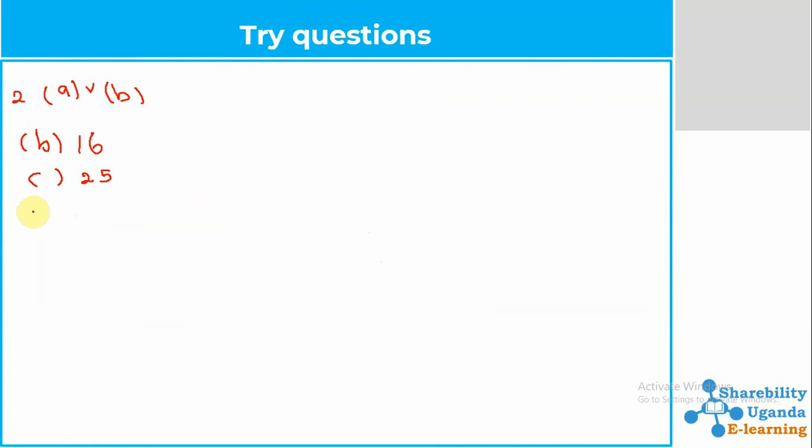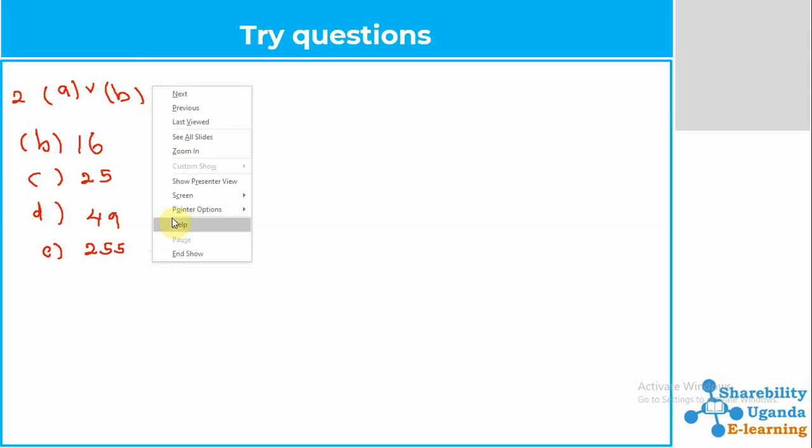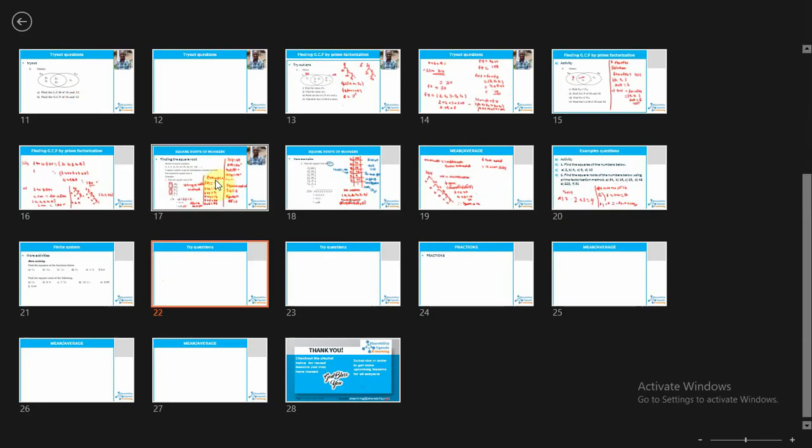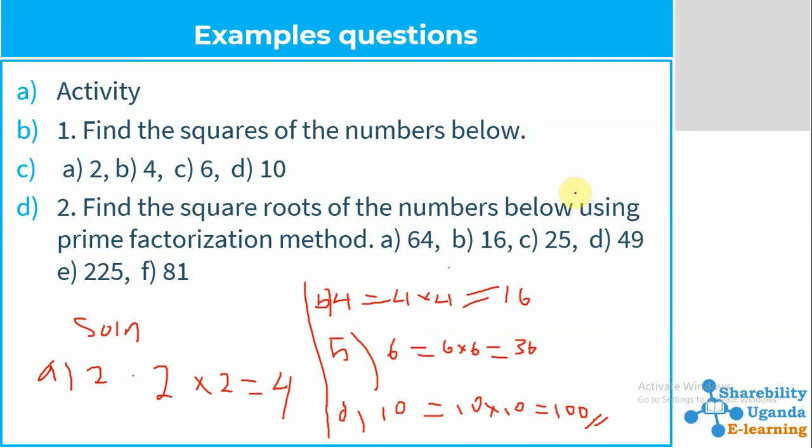Our part D is 49. Then our part E is 225. Okay, if I'm not mistaken, 49 and 225 and 81.